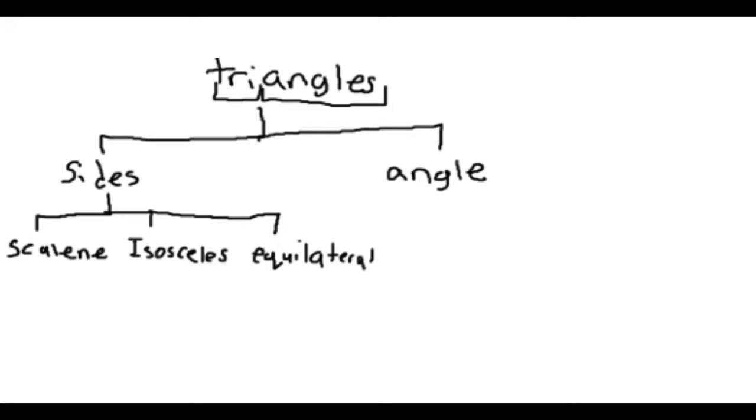So a scalene triangle is a triangle where all three sides are different lengths. So let's say this was 2 meters, this was 4 meters, and this side was 3 meters. All three sides are different lengths, which also means all three angles are different.